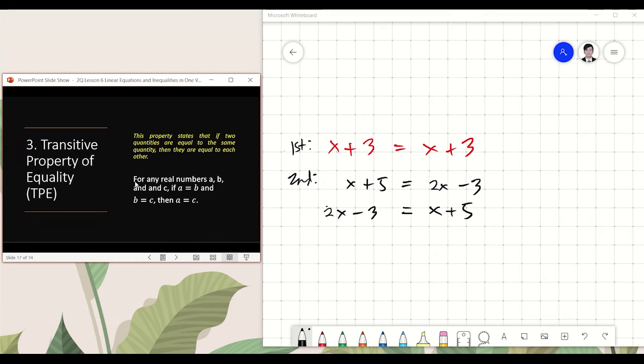Okay. How about the third property? The third property is the transitive property of equality or TPE.